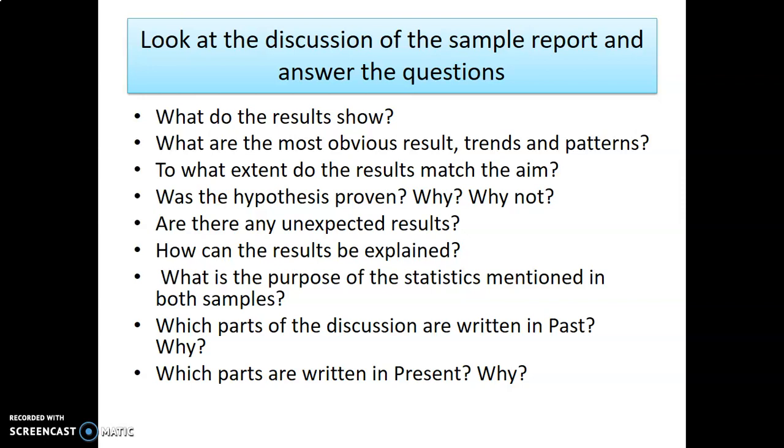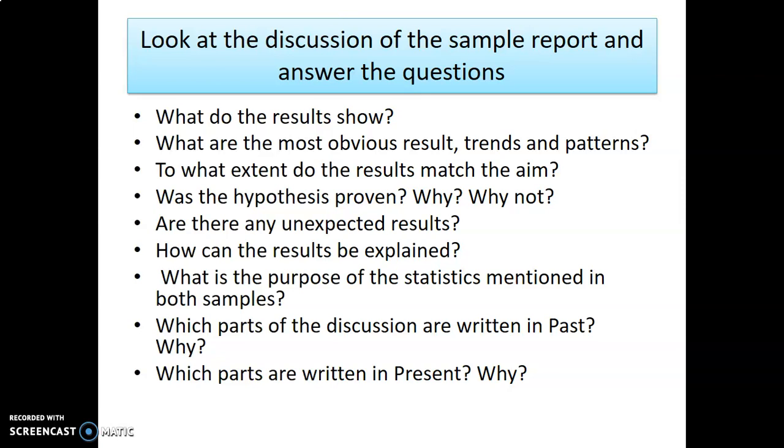All right, which part of the discussion is written in the past? Well, if you look at the sample here, it's kind of a mixture of present and past. So there are some sentences written in the past, some sentences written in present, and it really depends.